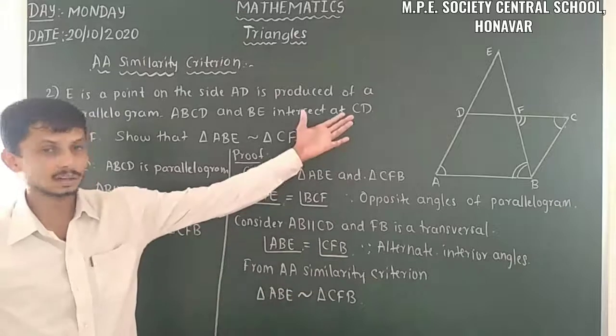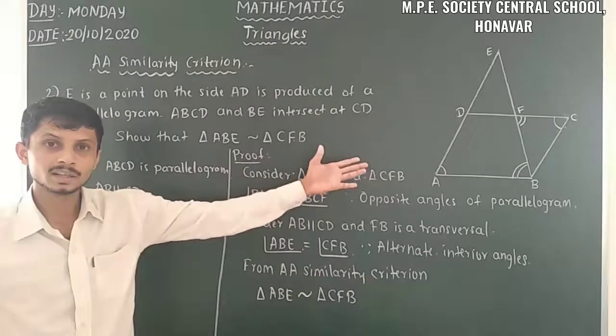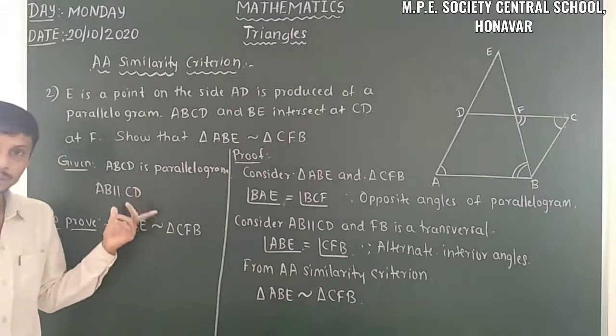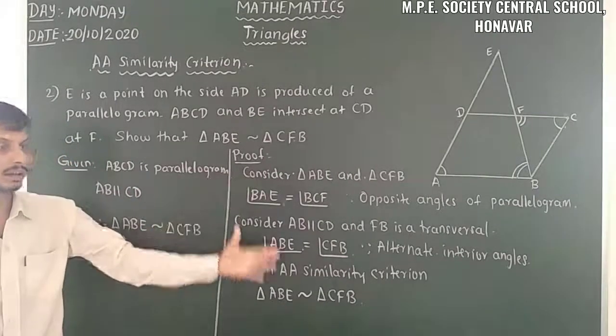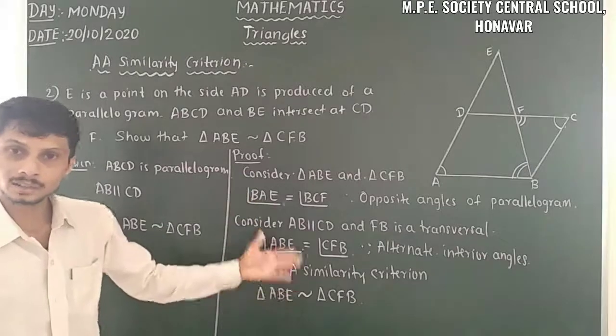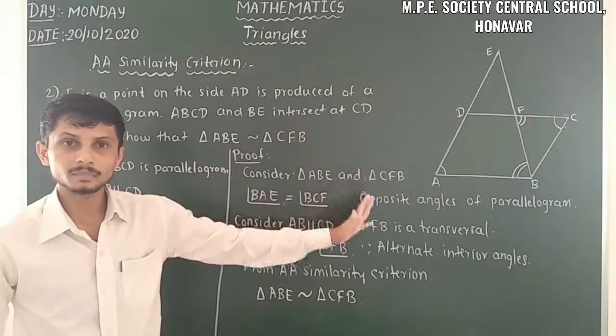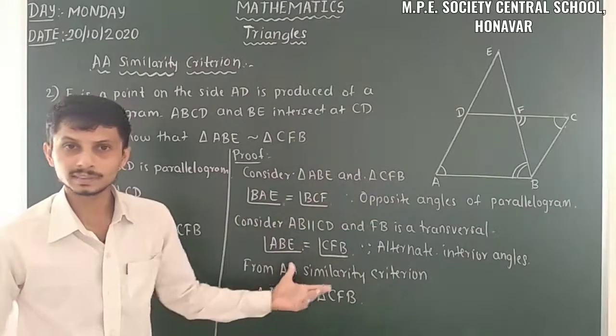Firstly you have to draw the diagram according to our needs, and firstly we have to know what the given terms are and what we have to prove. Then we have to find the two corresponding angles in that diagram, and then take the AA similarity criterion.